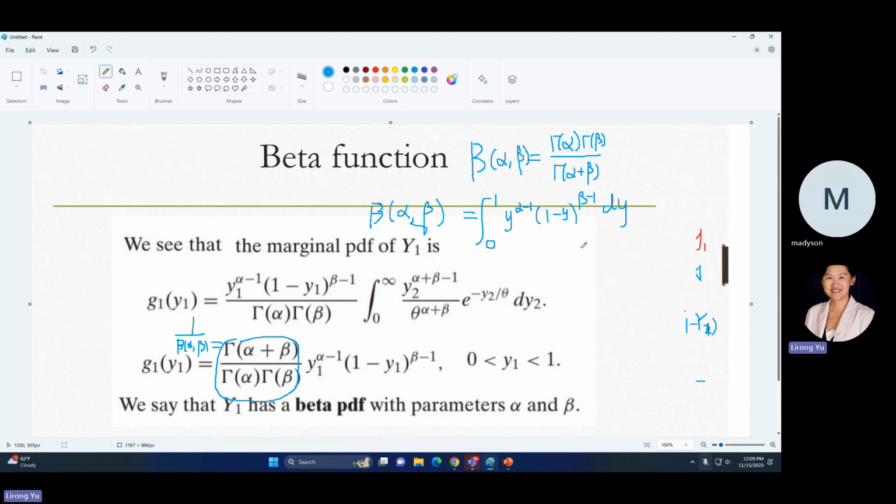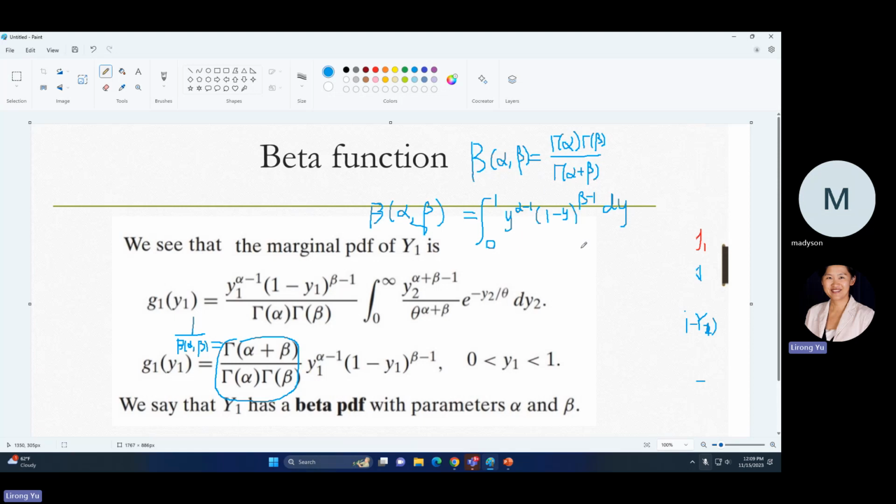That satisfies the definition of a density function. The integration of the density function on its domain should equal 1. So the denominator is 1 over B(alpha, beta), and if you integrate the rest from 0 to 1, that's also B(alpha, beta). That explains why this distribution is called a beta density.